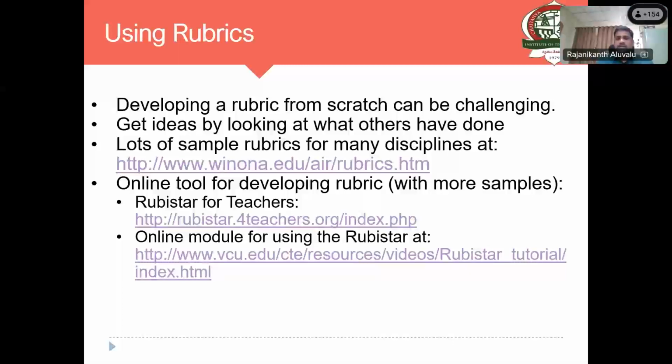So if someone is interested and wants to use the rubrics, there are some platforms which are readily available, which give us the templates. Just download the templates, and the copyrights are available. You can always edit as per your requirement. So these are various sites that are available, and from these sites you can take the rubrics and make your assessment more meaningful for the student.